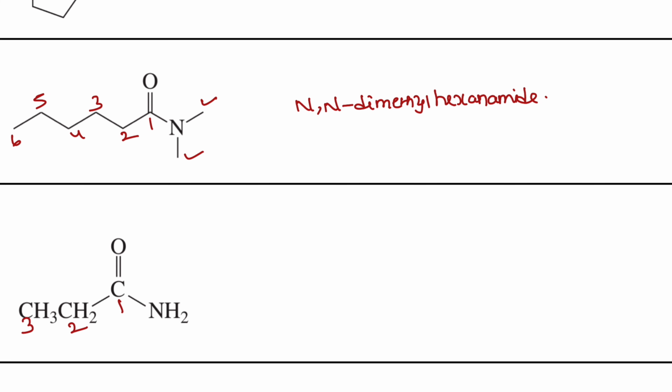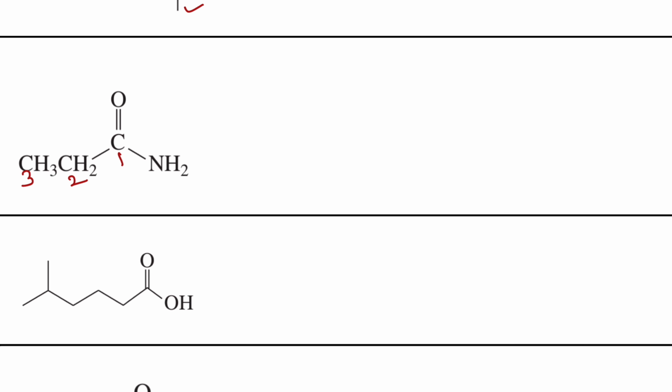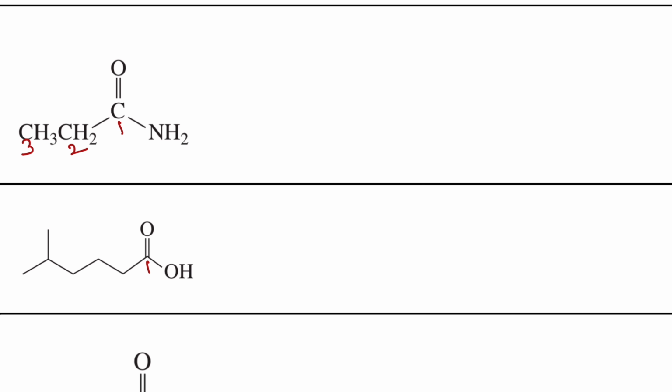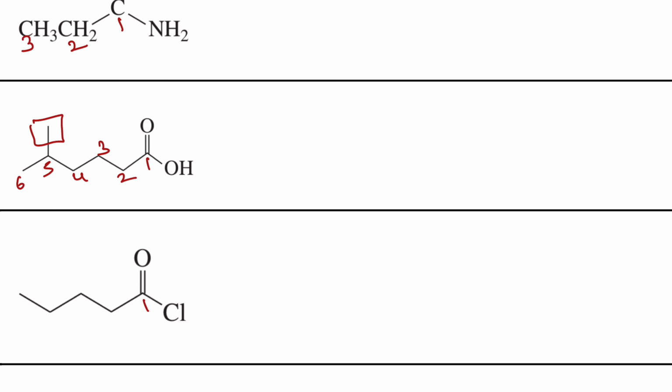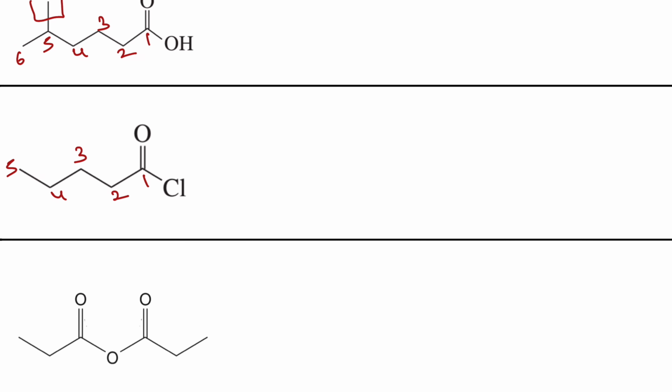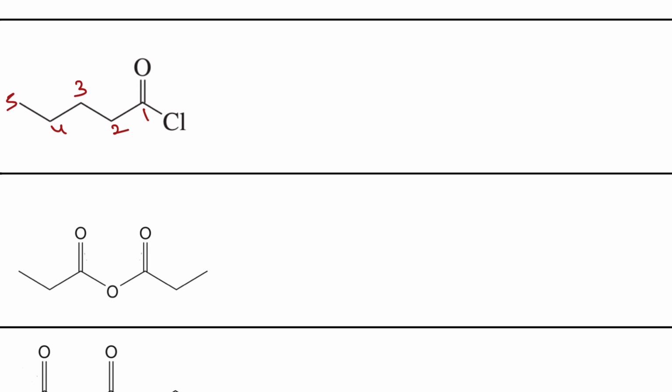So this is propanamide. 1, 2, 3, 4, 5, 6. This is 5-methyl hexanoic acid. 5-methyl hexanoic acid. 1, 2, 3, 4, 5. Pentanoyl chloride.